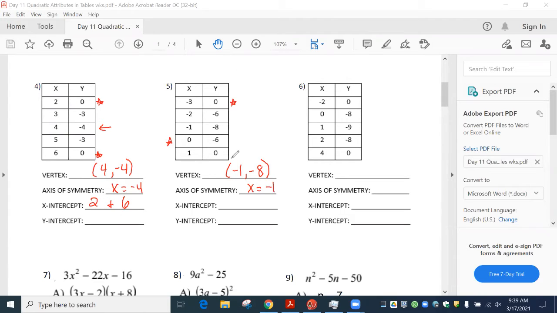So here are all my zeros right here. And so my first 0 is -3 and it's under the x's. So that's an x-intercept. And I got a 0 here with -6, and -6 is underneath the y's. So that's a y-intercept.